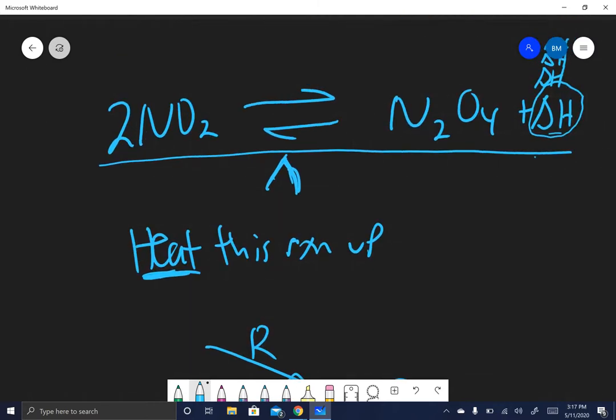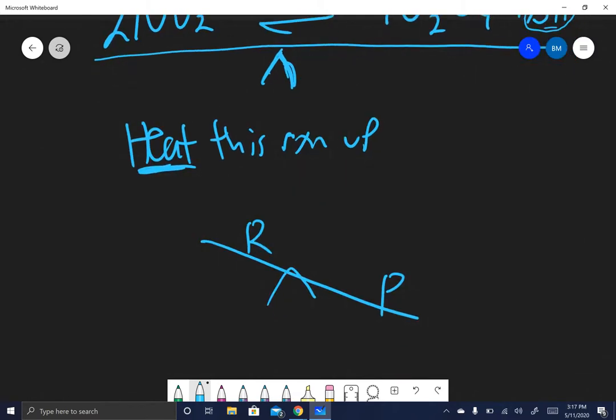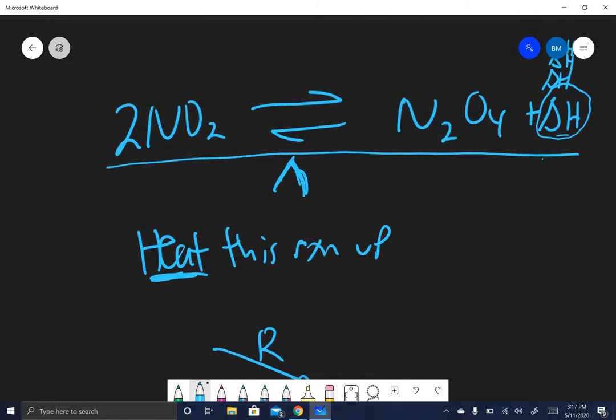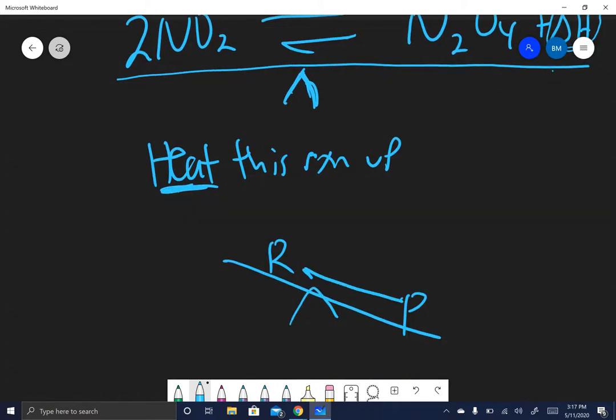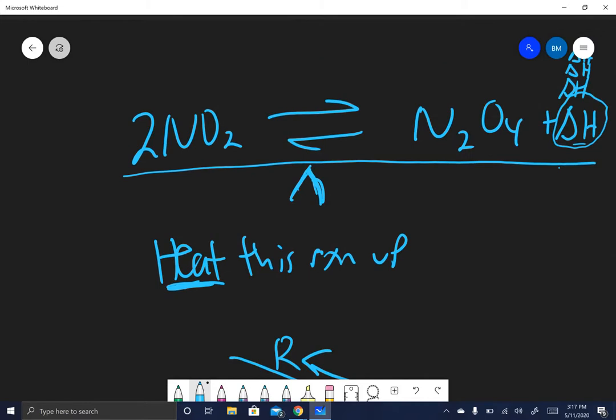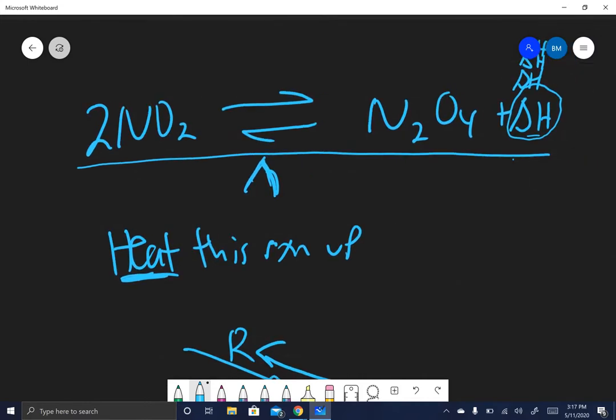So now we are not at equilibrium. How does it go back to being balanced? Some of the products have to break apart and form reactants. We have to transfer some of the products over to the reactant side. So some of this N2O4 would break apart and form NO2.